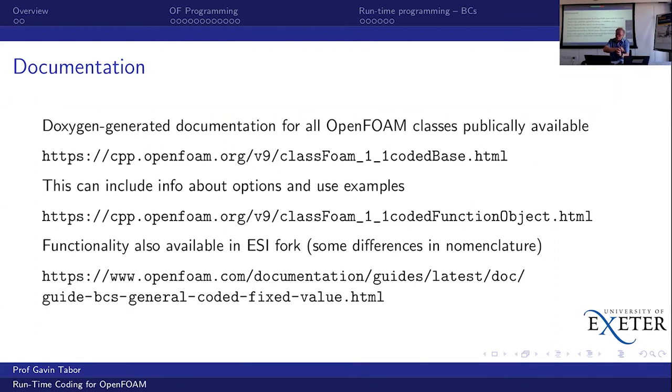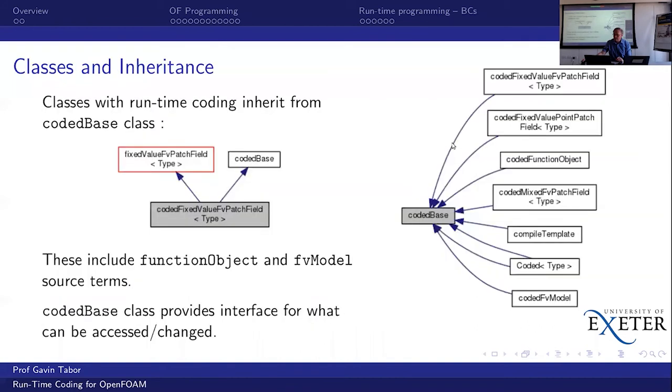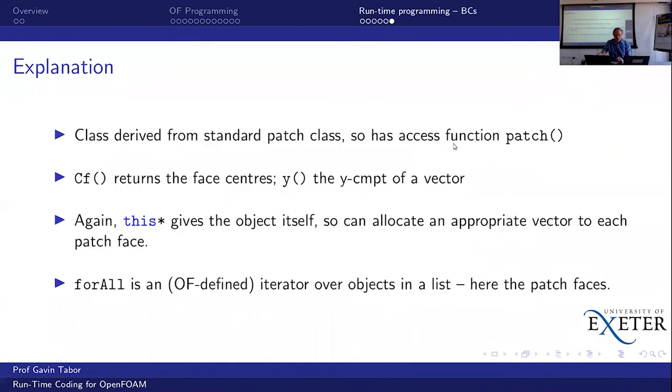So I'm extracting the location as a vector, finding the Y component, using that to calculate the exact value for that face, and then allocating it to that face. So you don't need to put the information to the cell center itself. No, because I'm dealing with the faces which make up the inlet boundary patch.